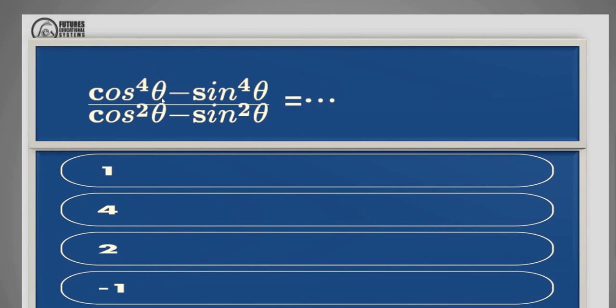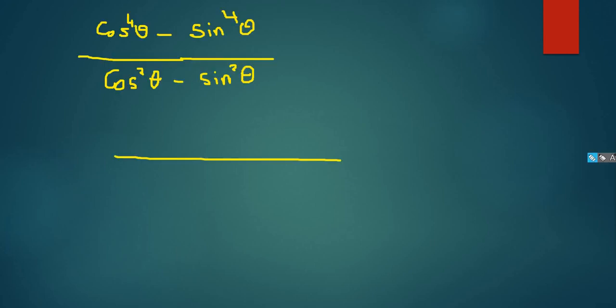This example: cosine power 2 theta minus sine power 2 theta over cosine power 4 theta minus sine power 4 theta, over cosine power 2 theta minus sine power 2 theta. Factorize the difference between two squares.